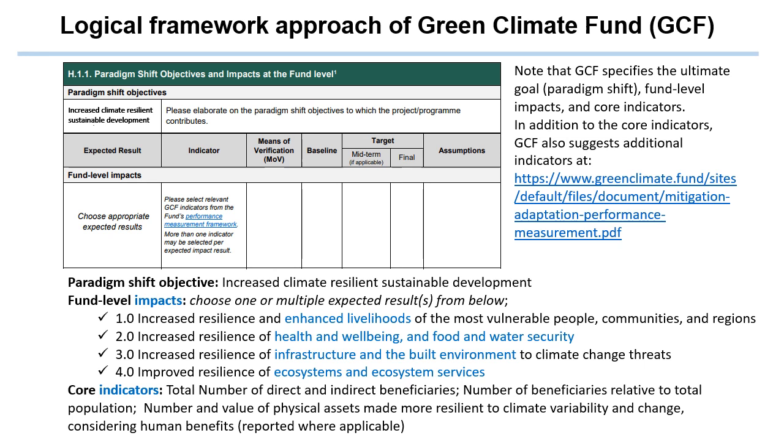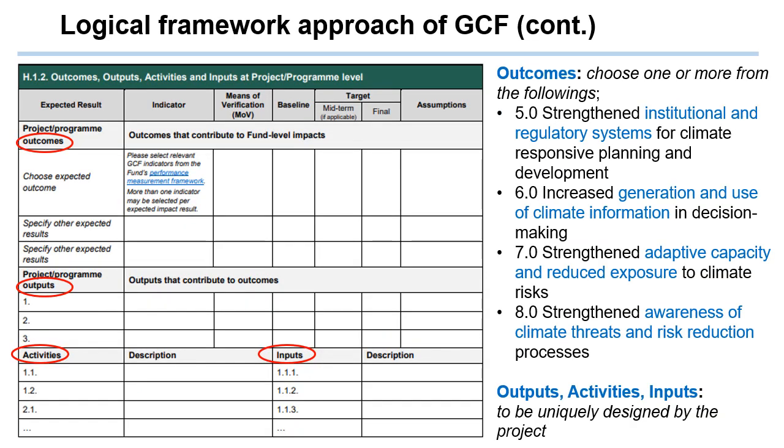So note that GCF specifies the ultimate goal, the fund level impacts, and the core indicators. And in addition to these core indicators, GCF also suggests additional indicators. And there is a website where you can see those additional indicators that you may use in your own project designs.